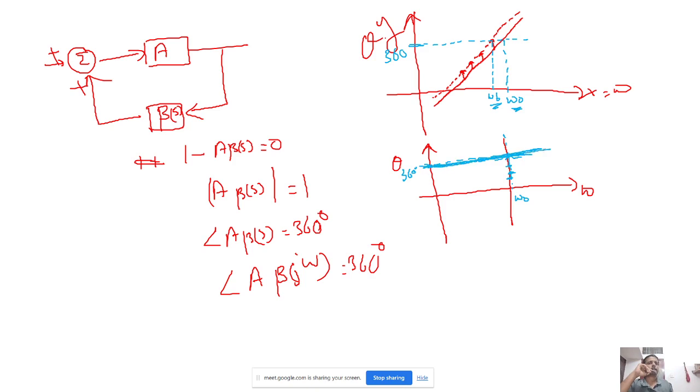We have other phases, correct, but we have 360 also. The rest won't affect, right? The rest will be degraded, deteriorated. The signal will be deteriorated, but only the component at which theta is 360 will sustain oscillation. So we will get output. The other components will return to 0, right?